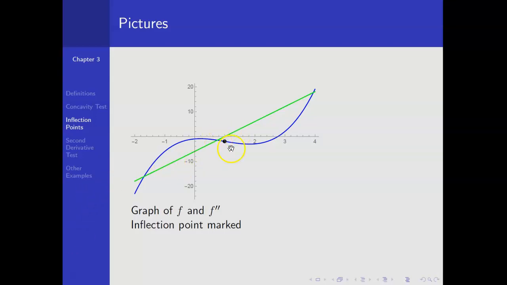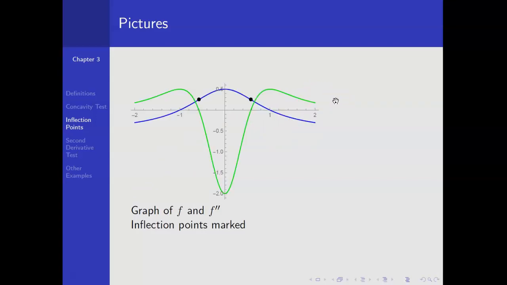And right here, we have an inflection point marked where the concavity of f changes from down to up. And notice this is also where the second derivative switches from negative to positive.